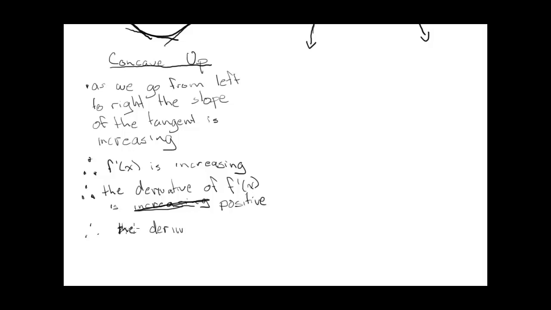Right? That's what it means for the derivative to be increasing. The derivative is positive, but the derivative of f prime is f double prime, so f double prime is positive.